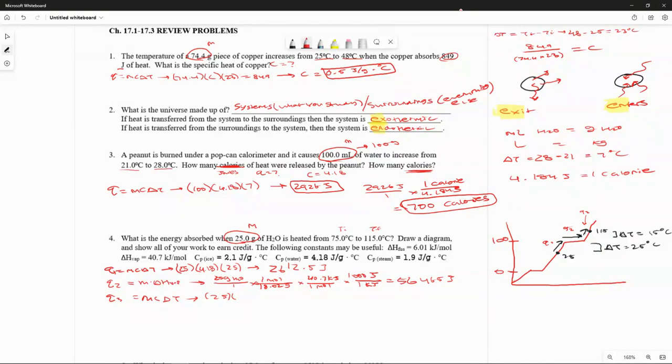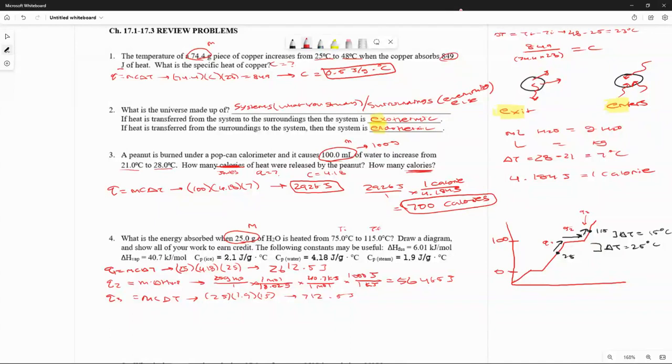Where is that? Steam, right here. We're going to use 1.9. And then we're going to use delta T, which we figured out earlier was 15 degrees Celsius. Same thing as Q1. Multiply it all together. 25 times 1.9 times 15. You're going to end up with 712.5 joules.